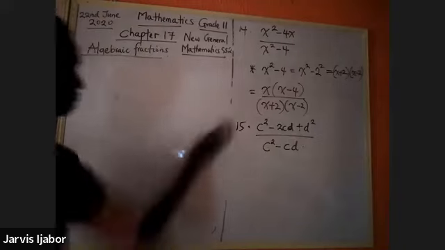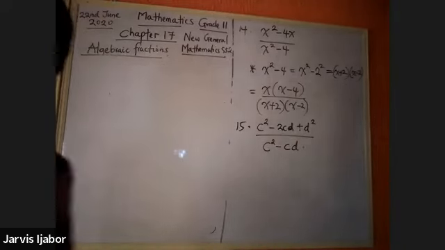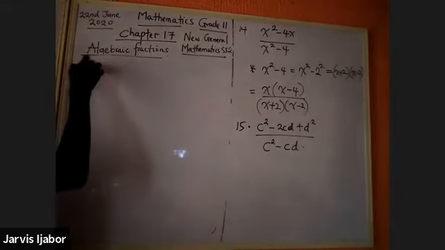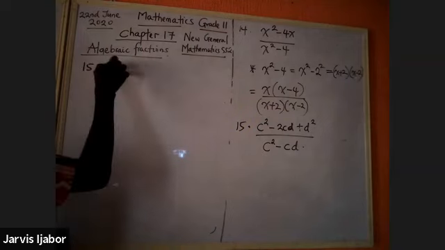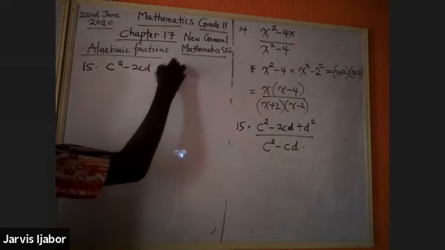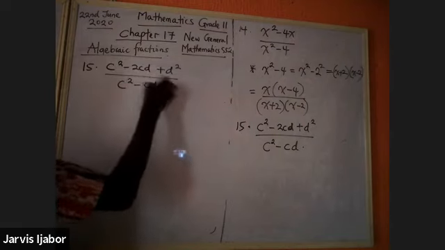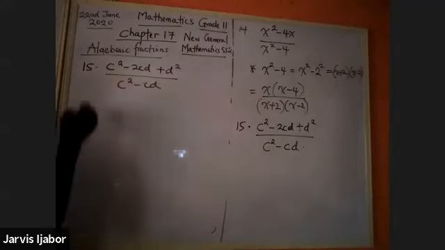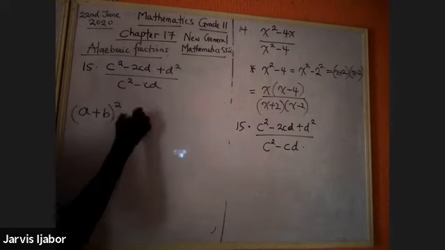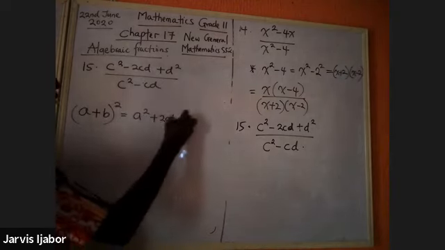Let's go to question 15. I'll just stop at 15, and after that, I'll give you some practice questions to work on. It says c squared minus 2cd plus d squared over c squared minus cd. Now, please watch this. From algebra, we know that a plus b all squared is equal to a squared plus 2ab plus b squared.